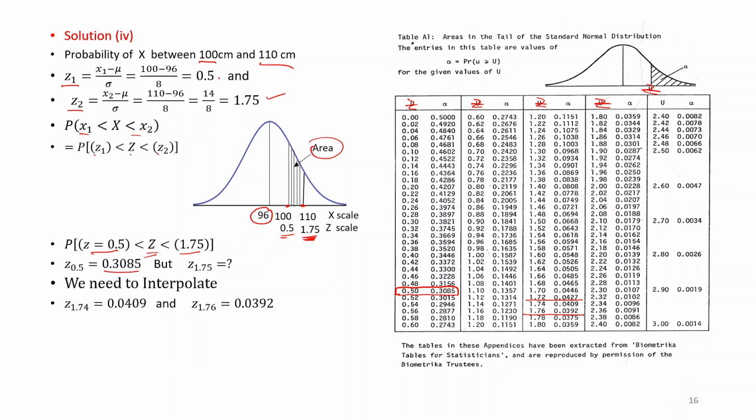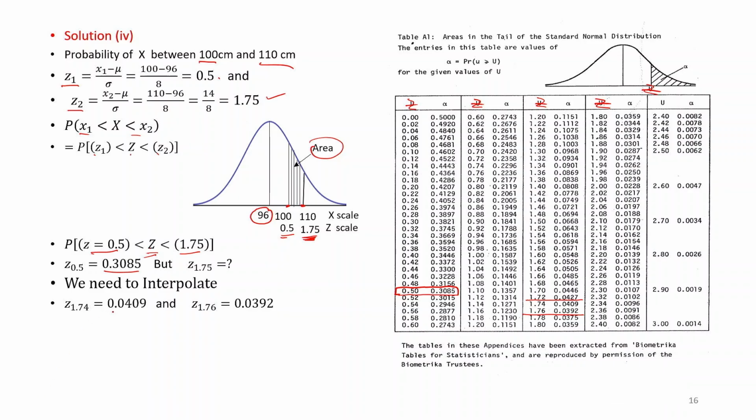It's not there in the table. So what to do? We have to see the nearest values, which are 1.74 and 1.76. 1.75 lies in between these two. So we have to go for an interpolation.